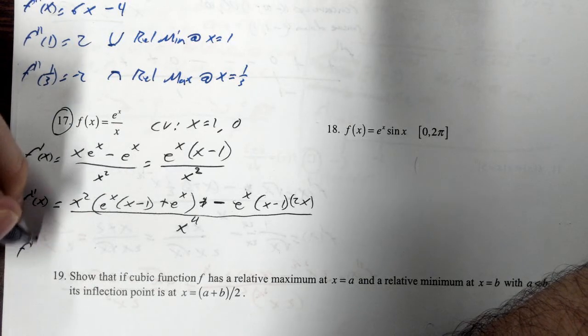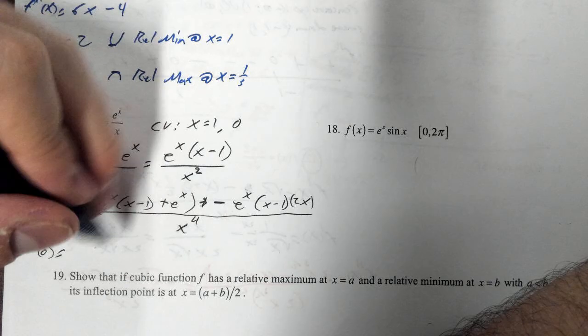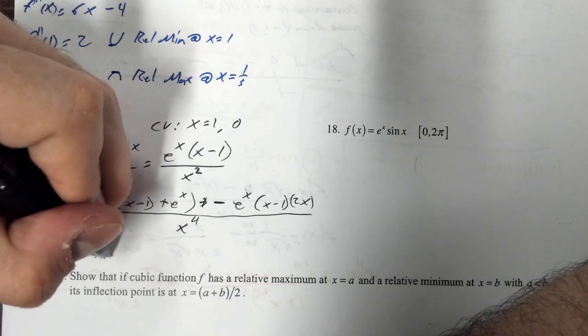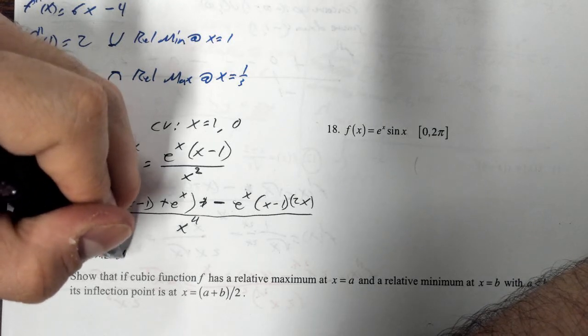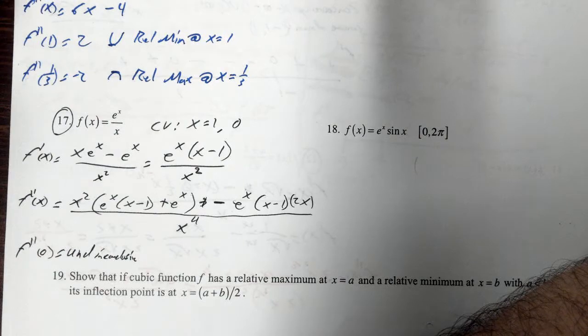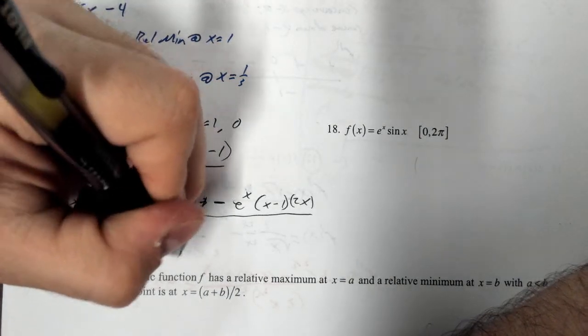Then f double prime of 0 is still going to be undefined, so inconclusive. That's not going to tell us anything. F double prime of 1.